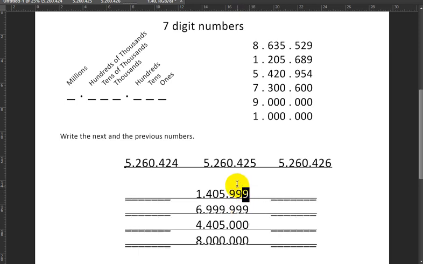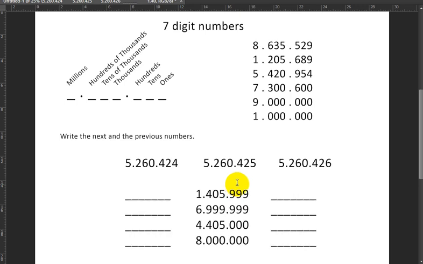So I need to carry it over to the tens. So I need to increase the tens by 1, right? And then tens become, instead of 9, they become 10, which creates a new 100, which I need to carry over to the hundreds. And now the hundreds become 10, and I need to carry, which creates a new 1,000, which I need to carry over to the thousands.